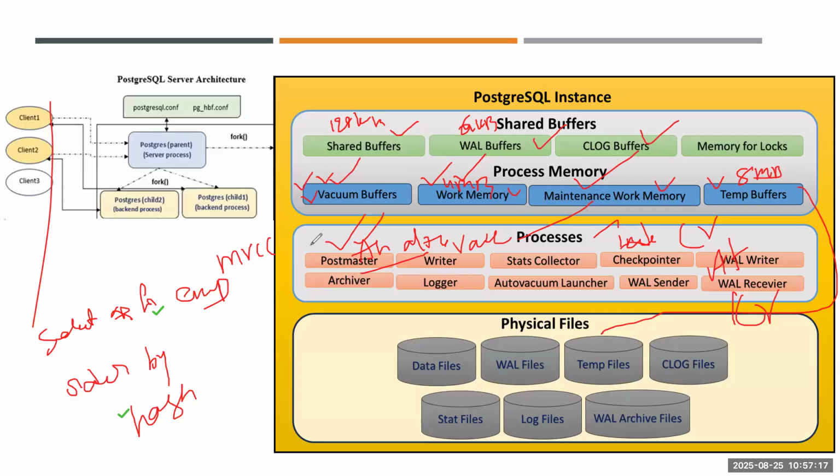Sir, how many days is the total Postgres duration? 35 to 40 days, 35 to 45 sessions, and 15 to 20 sessions for MongoDB. In total it will take 2 to 2.5 months.